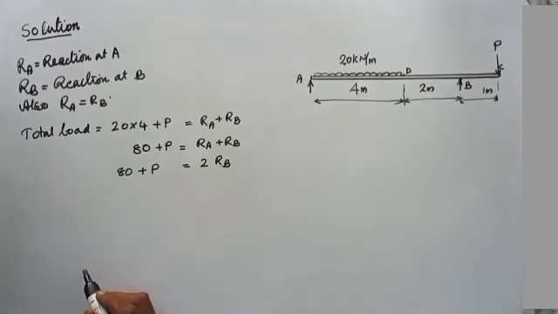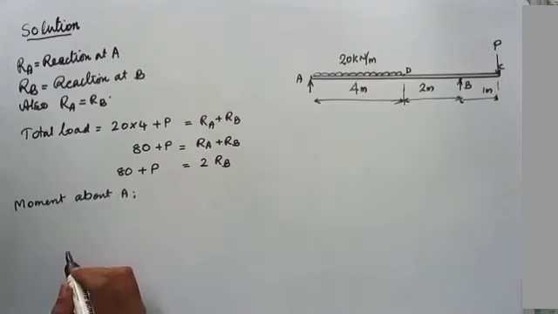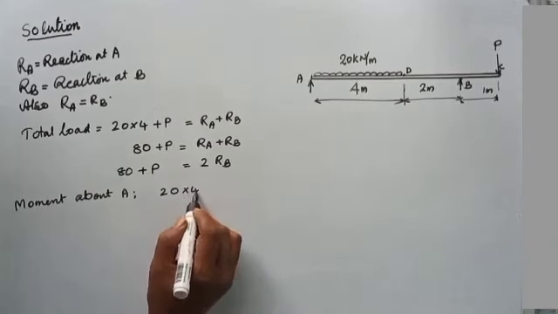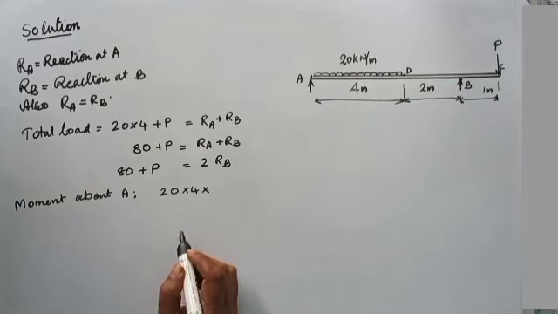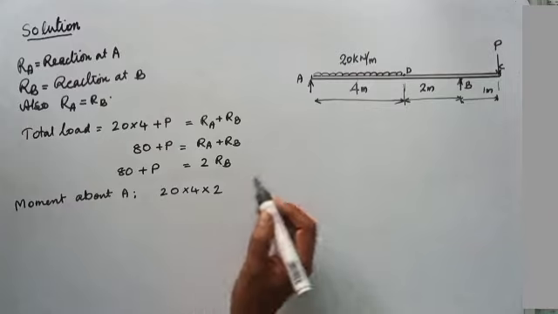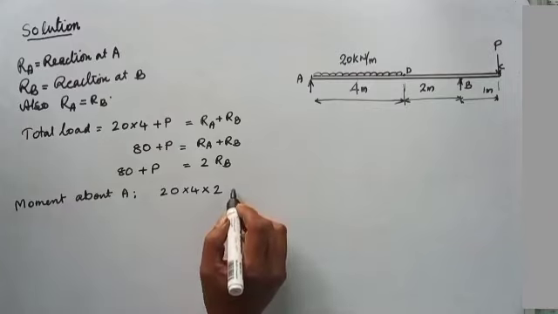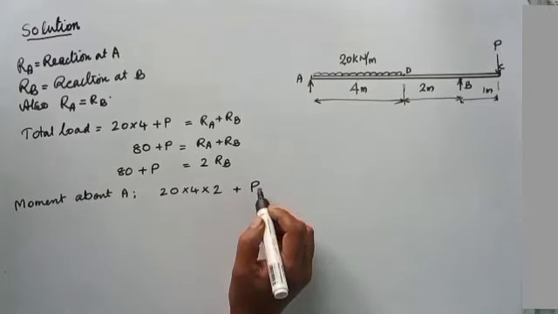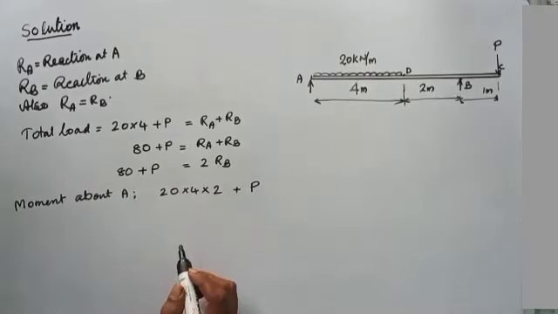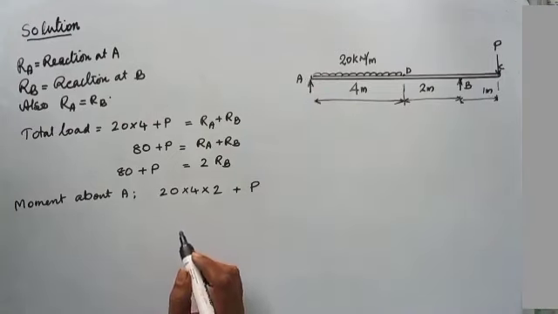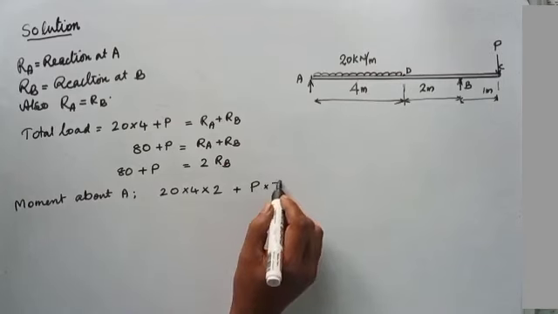Now we can take moments about A. 20 into 4 into half of 4, 2. This is the clockwise moment. That plus P into, we are taking moments about A, so we have to take the distance from A to C. P into 7.